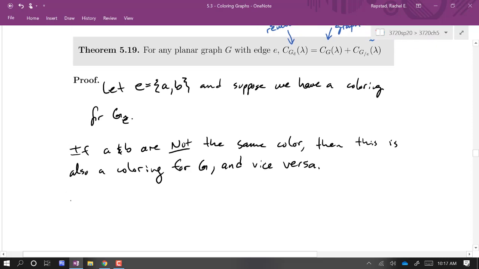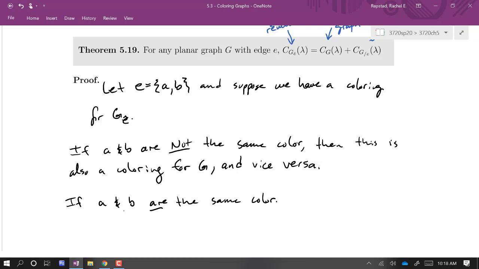Now let's consider the possibility that A and B might be the same color. If they're the same color, then this coloring is also a coloring for G mod E. It can't be a coloring for G if I put the edge back in there, right? Then if A and B are the same color, that's not a valid coloring.